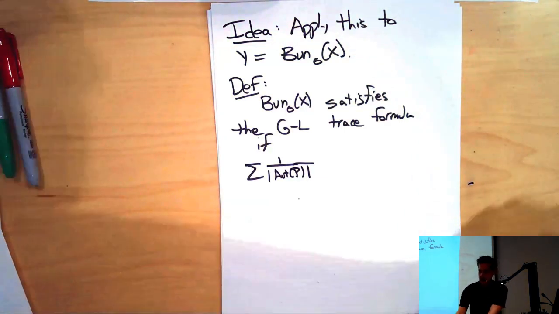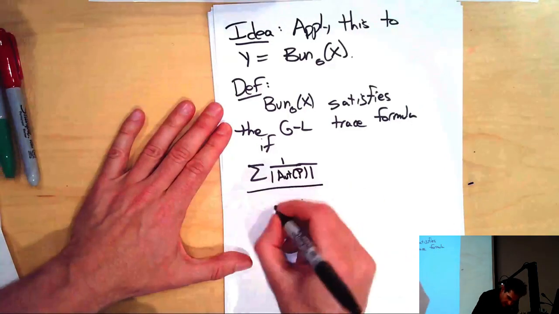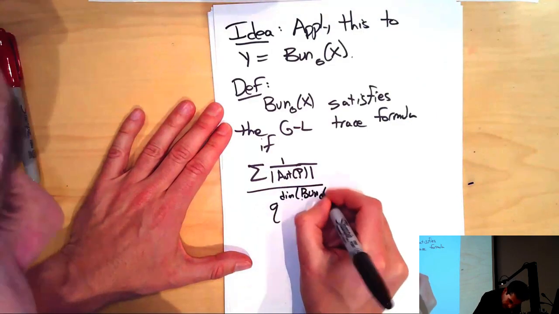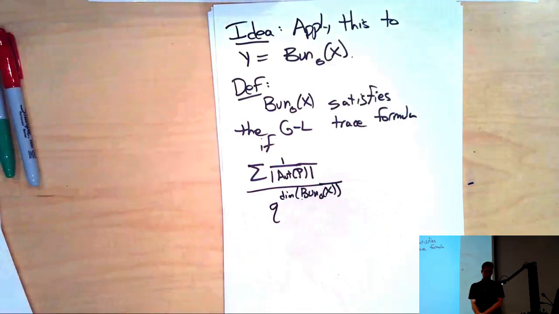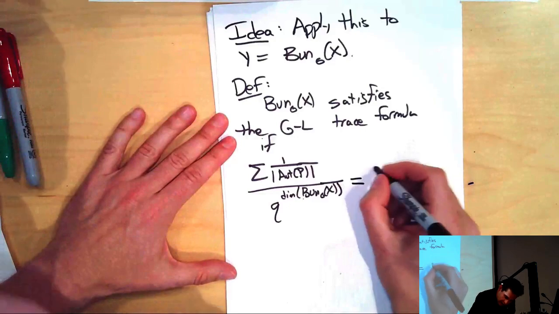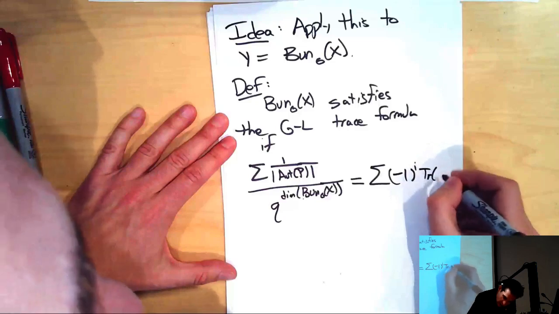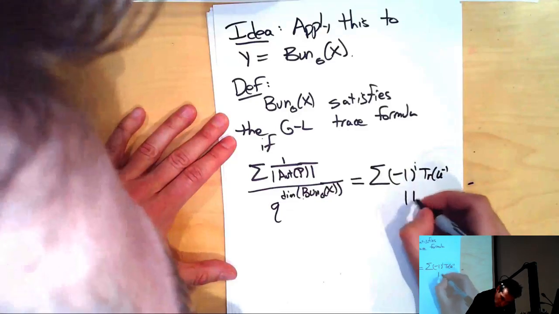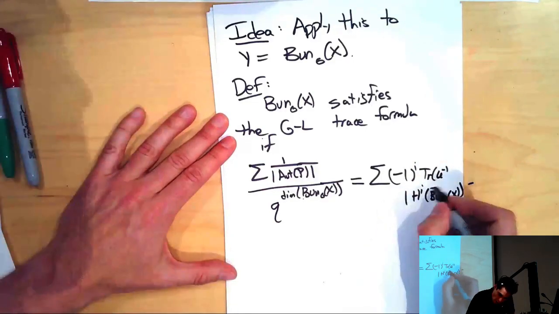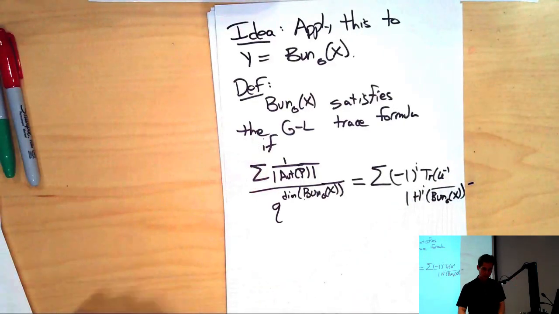And if I'm writing the analog of this Poincare dual form of the Grothendieck-Lefschetz trace formula, I should then divide that by q to the dimension of Bun_G X. The formula would say that this should be the alternating sum of the trace of inverse Frobenius on the ith cohomology of Bun_G X. And I'll put a bar on that to mean that I'm really thinking of that over the algebraic closure of Fq rather than Fq itself.